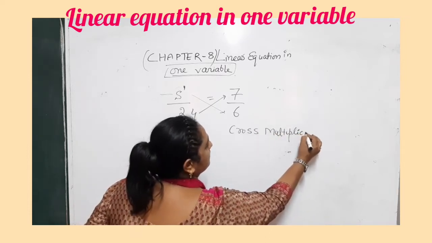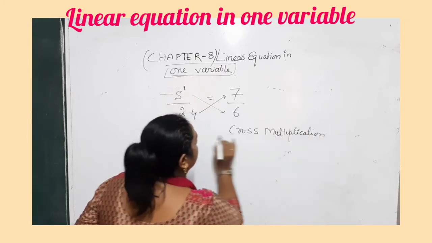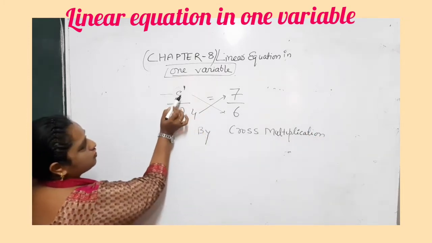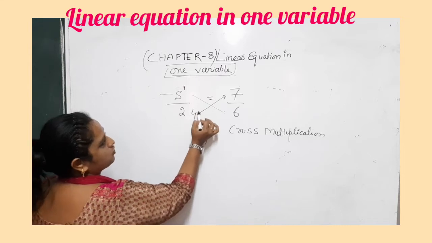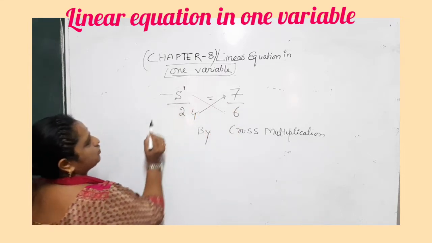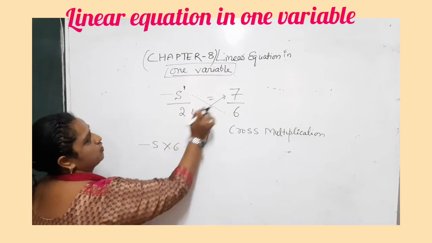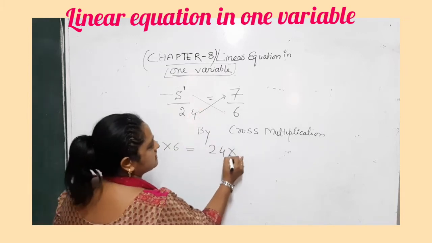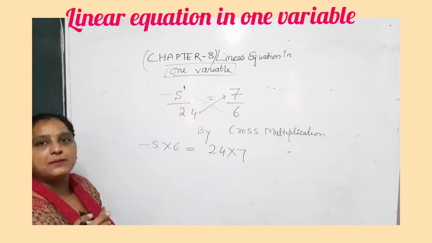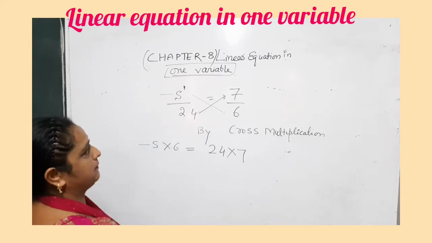You have to multiply opposite sides: 6 into minus s is equal to 24 into 7. This type of multiplication is known as cross multiplication.